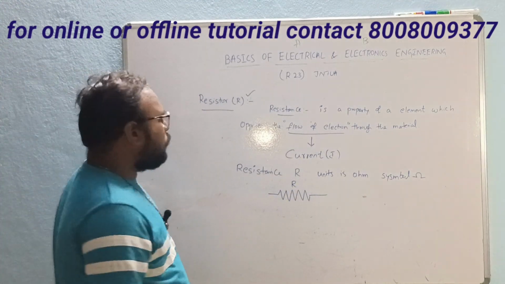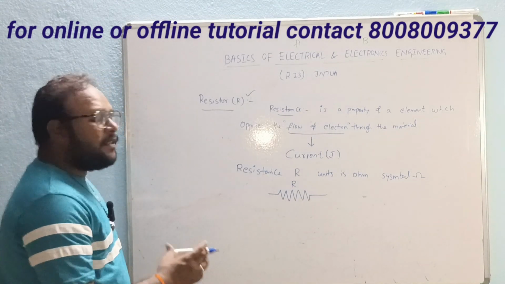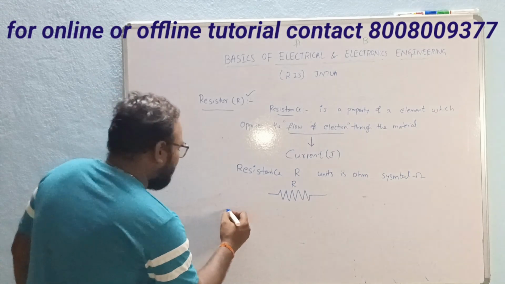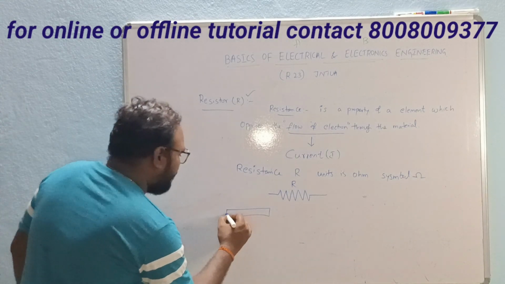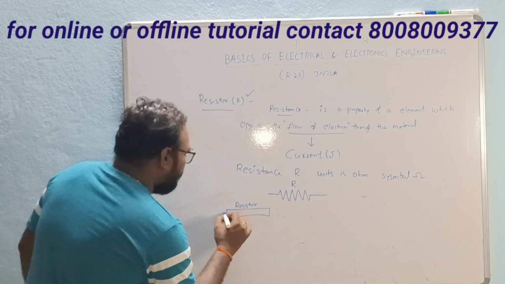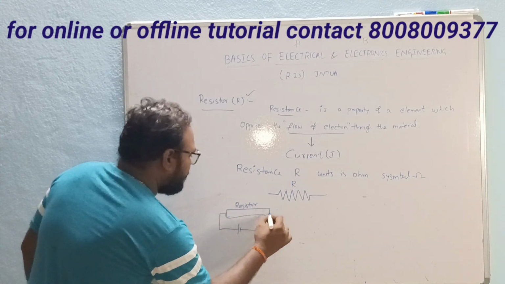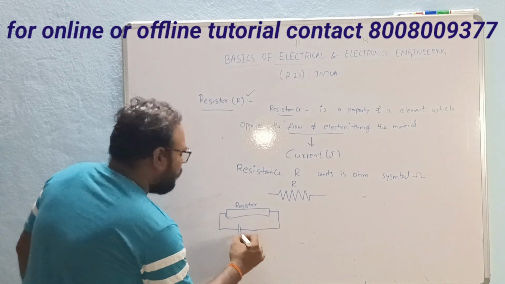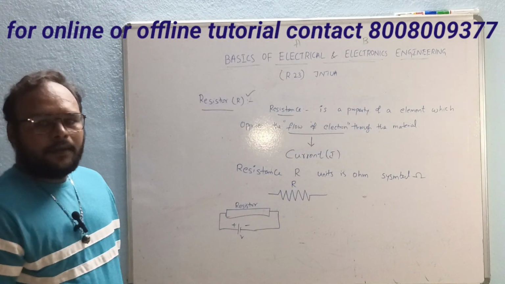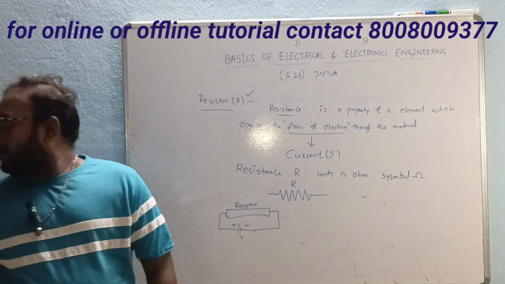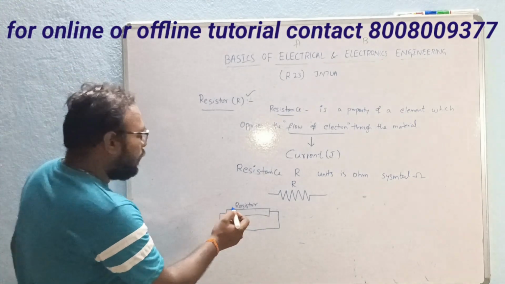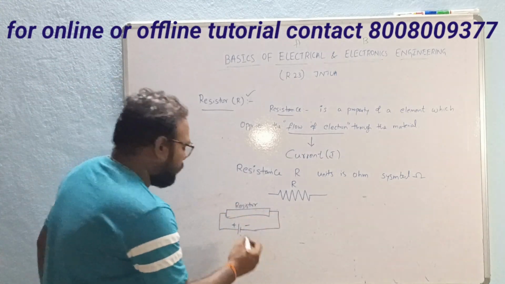Now we are going to know the expression for resistance. Let us take any conductive element, a resistor. When you give some supply to this resistance, what happens? It will oppose the flow of electrons through it.